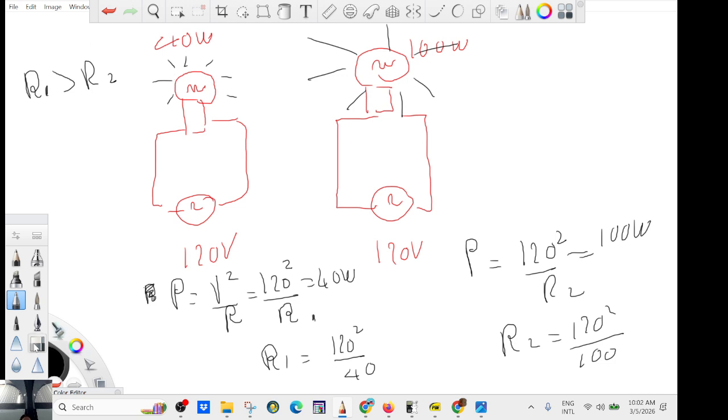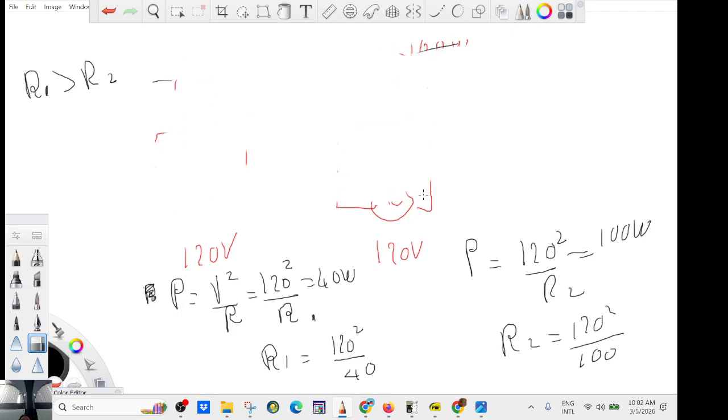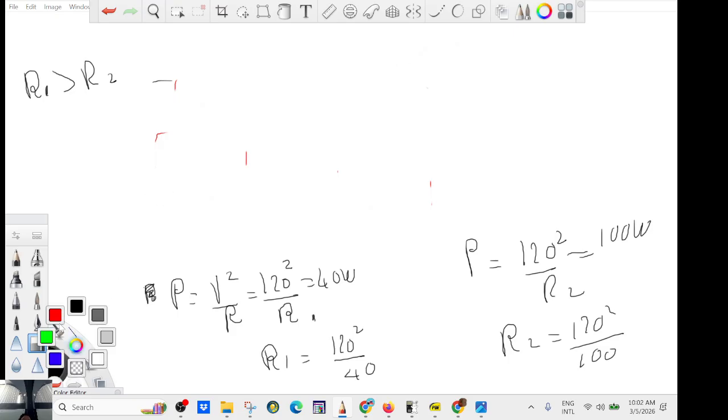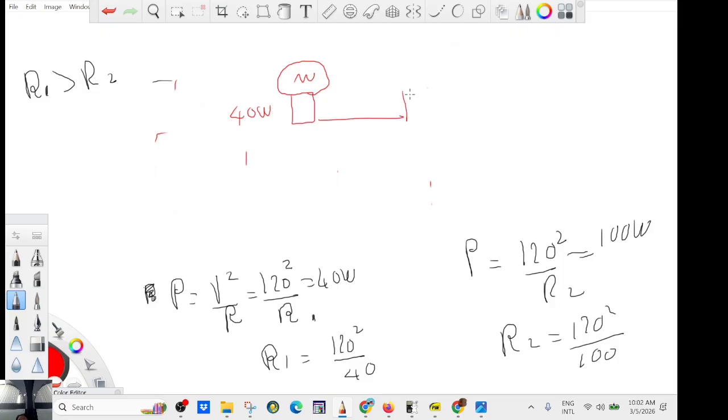However, if you place them in series, what's going to happen? That's something we never do. So if now we have that 40 watt in series with the 100 watt, this one has a larger resistance.